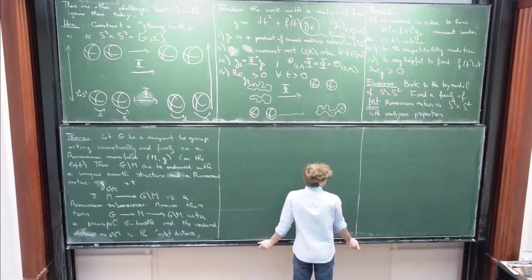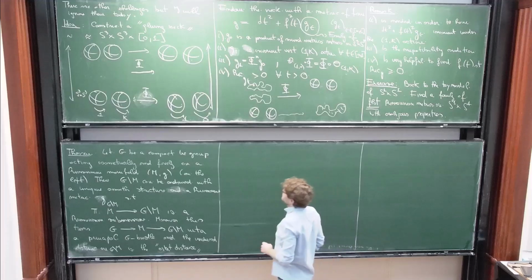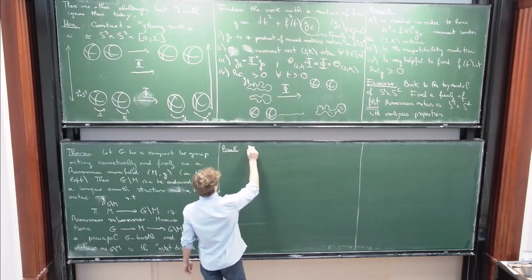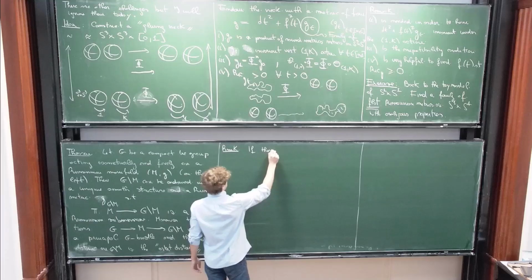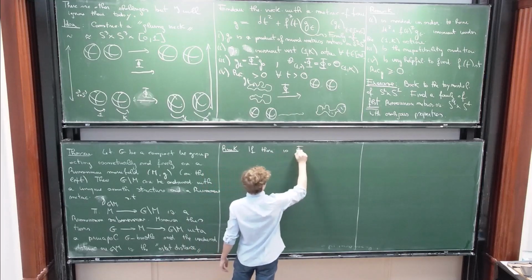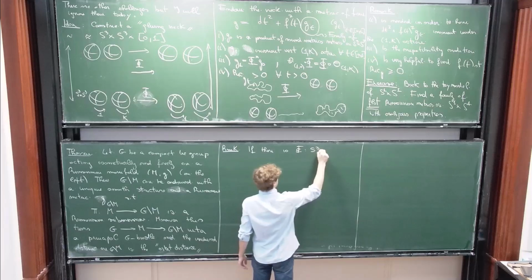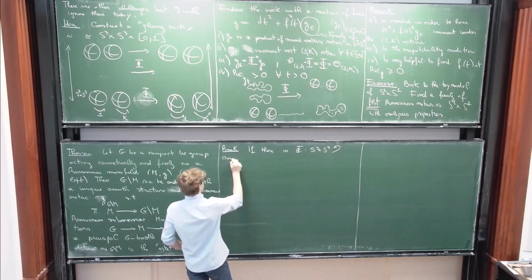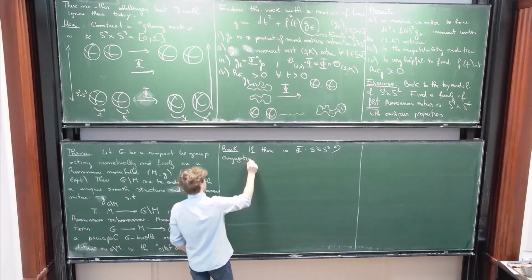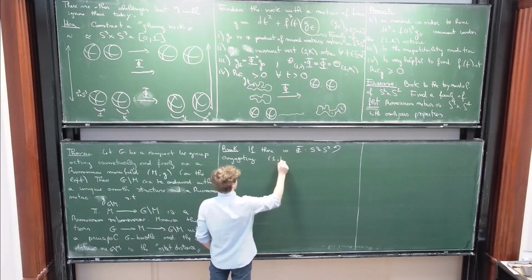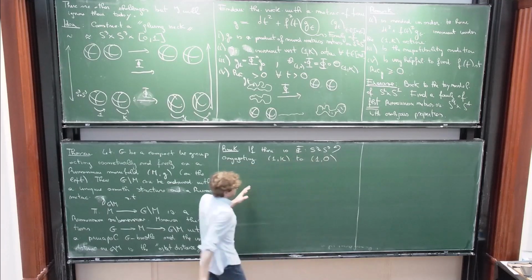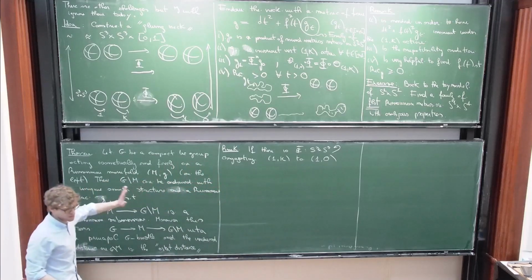So let's start from the following observation. If there is a phi from S3 times S3 conjugating the two actions, then we'd expect the quotient spaces to be diffeomorphic.